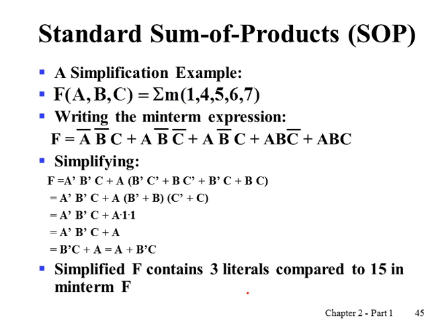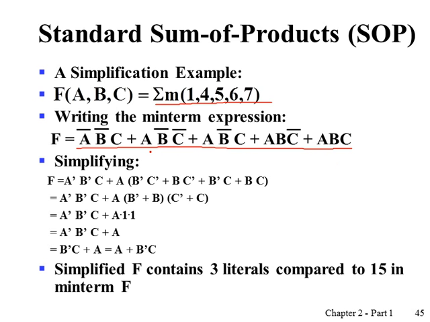Here we show how we get the standard sum of products from the canonical sum of minterms. For example, this is a given function, and we know that each index corresponds to a certain term. So this is a full-blown sum of minterms expression for function f.